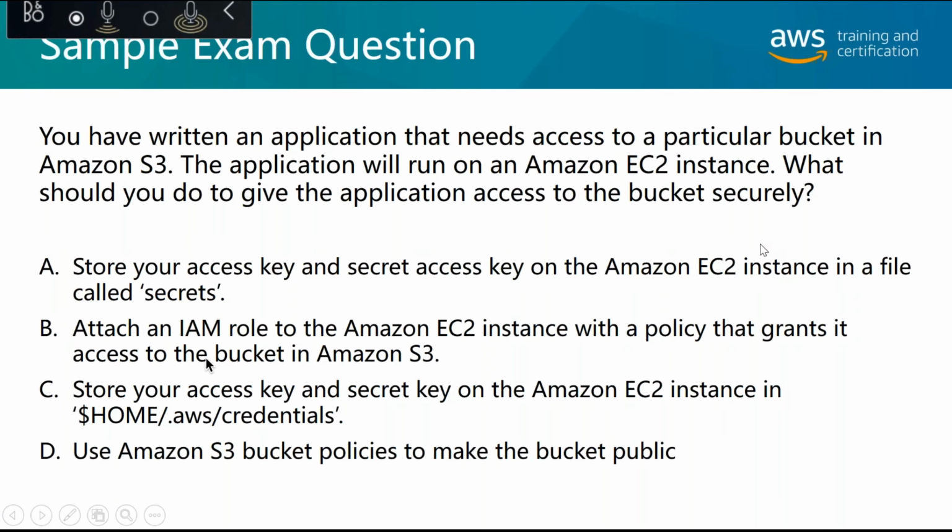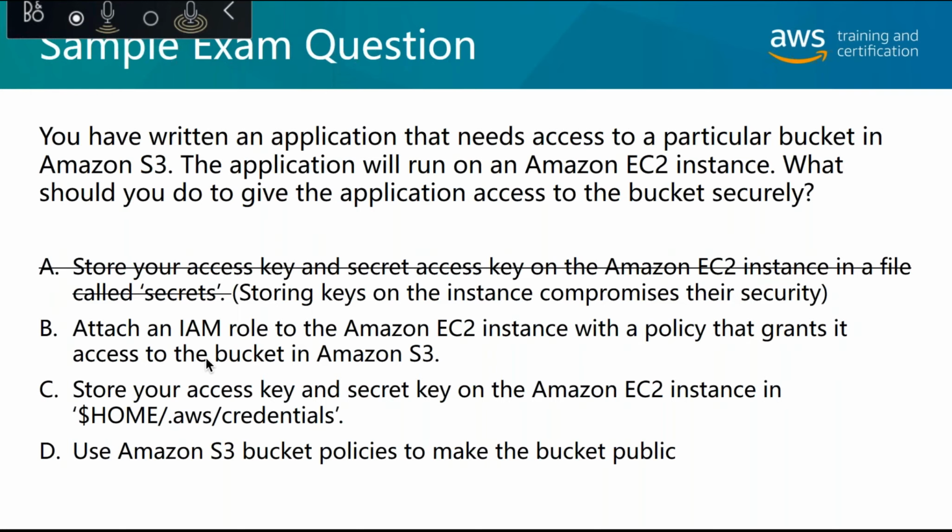Now you have written an application that needs access to a particular bucket in Amazon S3. The application will run on an EC2 instance. What should you do to give the application access to the bucket securely? So, store your access key and secret key on Amazon EC2. No. You never want to do that.